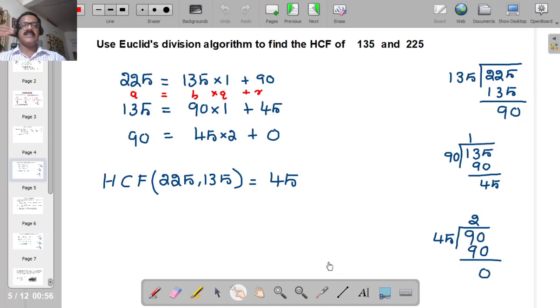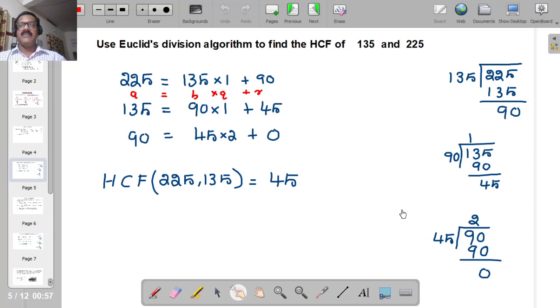Use Euclid's division algorithm to find the HCF of 135 and 225.